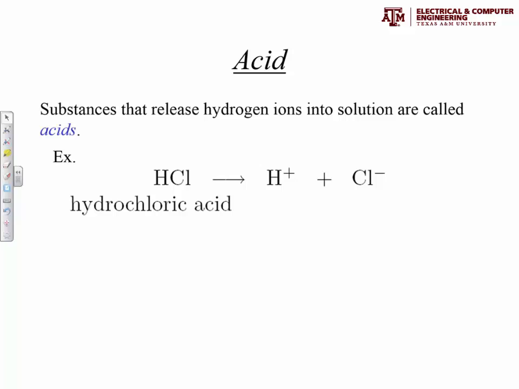For example, hydrochloric acid, if you mix it with water, will dissociate to a very large extent to give you hydrogen ions and chloride ions, positively charged hydrogen ions and negatively charged chloride ions. It's the presence of these positively charged hydrogen ions that gives it all its acidic properties.